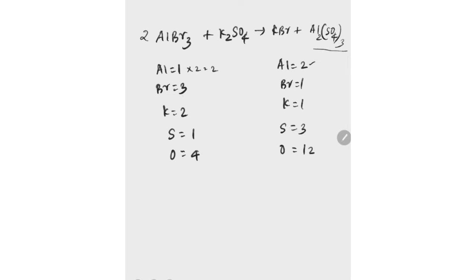Bromine is 3 here, bromine is 1 here. Now when I put this 2, this became bromine 6. So we need to make the bromine also 6 this side, so put here 6. So this also we multiply by 6 and make that equal.